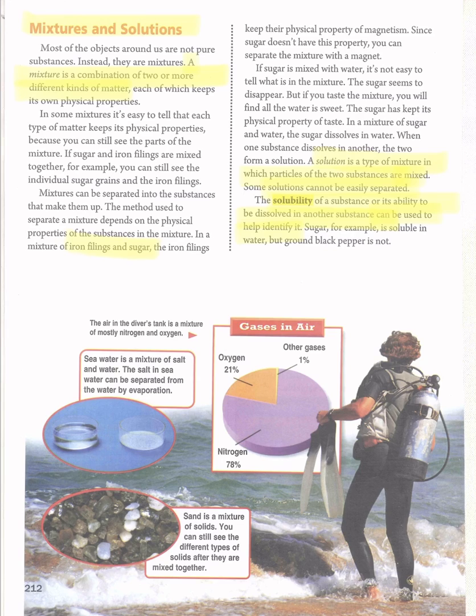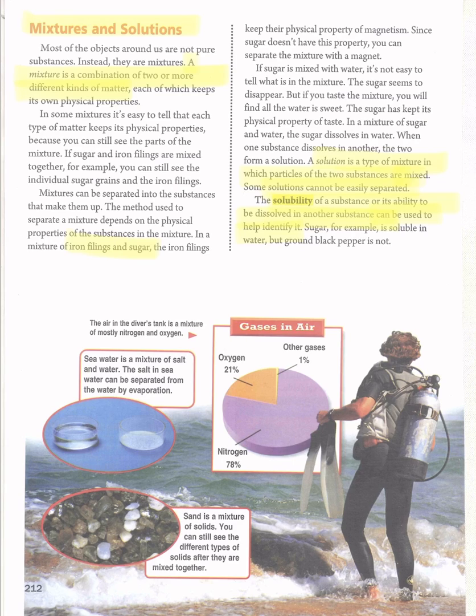It's the ability of a substance to dissolve in another substance. Example: sugar is a soluble substance because it dissolves in water. But black pepper is not a soluble substance because it cannot dissolve in water.